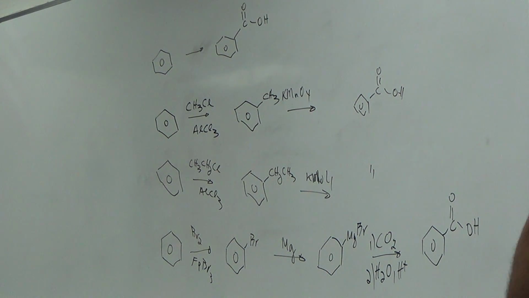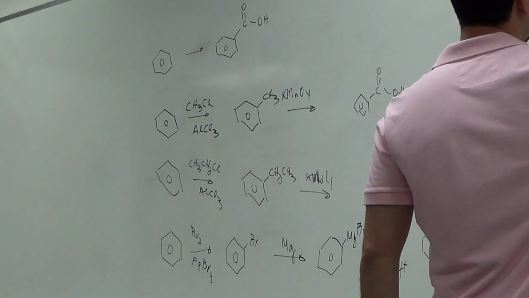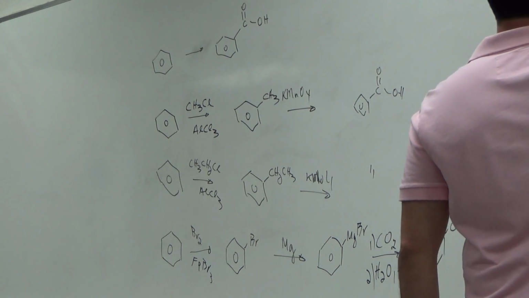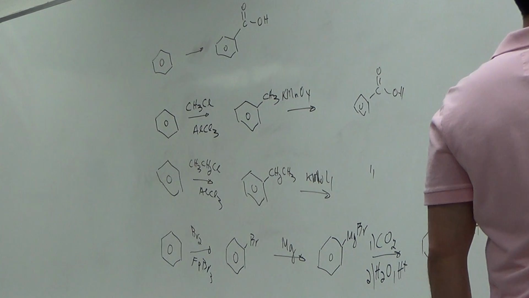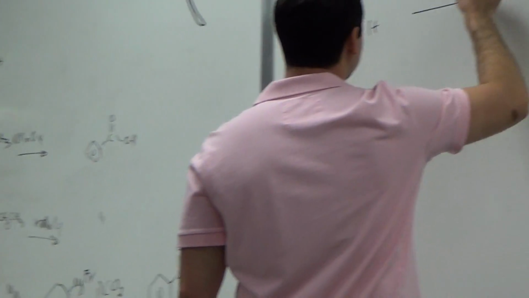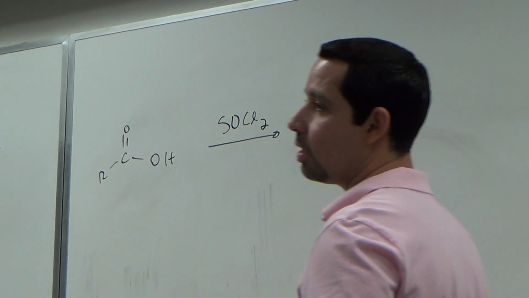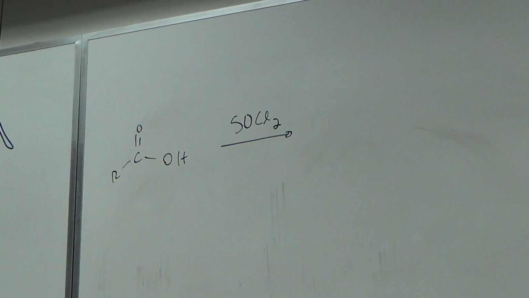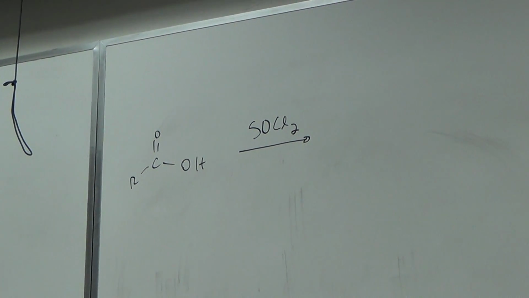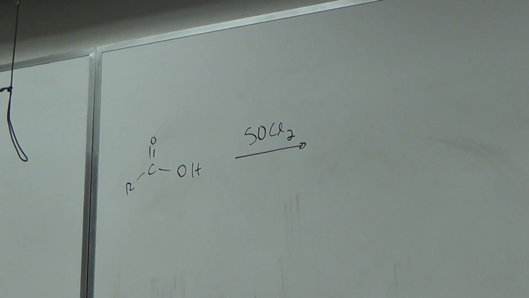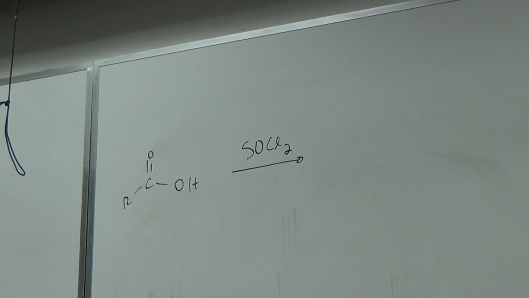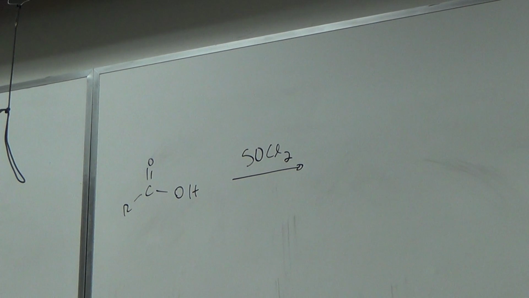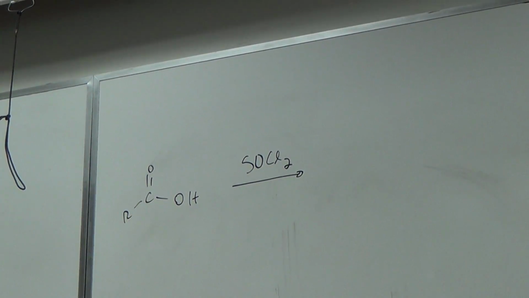Okay? We treat this with thionyl chloride, yes? SOCl2. And when you treat this with thionyl chloride, you have seen this reaction before, from Organic 1, from one of the alcohols.